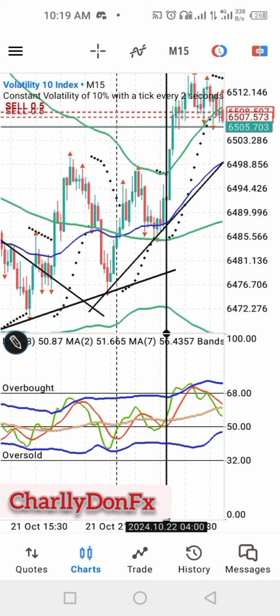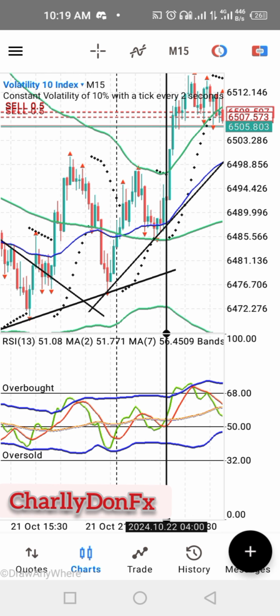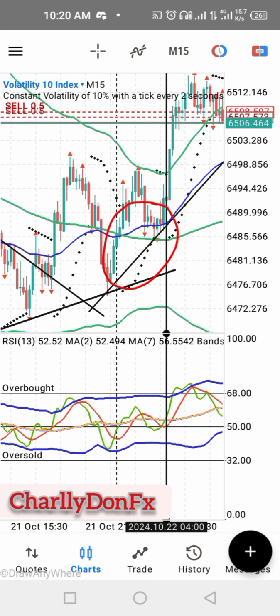Whenever the 50 exponential moving average crosses the middle Bollinger Band and is above the middle Bollinger Band, it signifies buy.